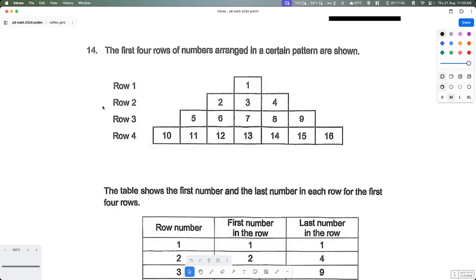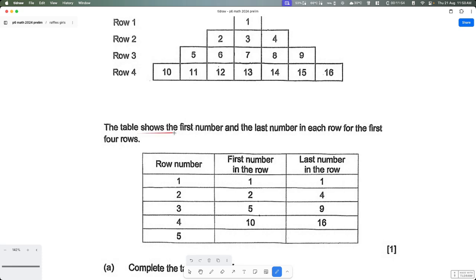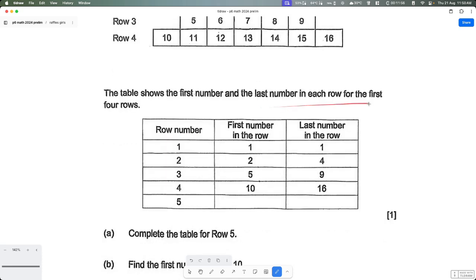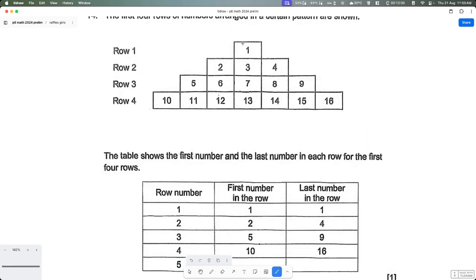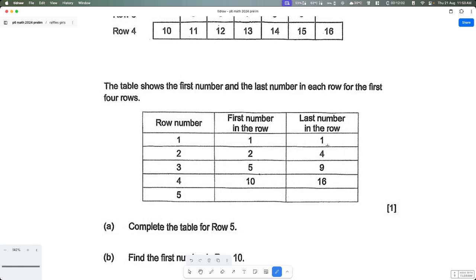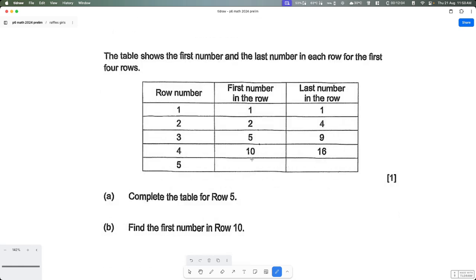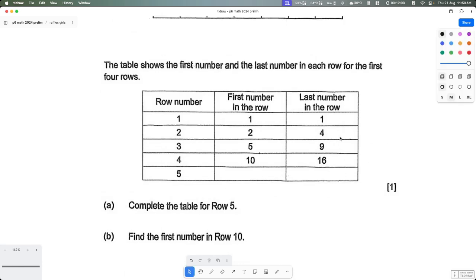So question 14 says the first four rows of numbers arranged in a certain pattern are shown. The table shows the first number and the last number in each row for the first four rows: first 1, 2, 5, 10 and last 1, 4, 9, 16. So what is the 5 and what is the 16 here? For those who are familiar with patterns, this one is very familiar.